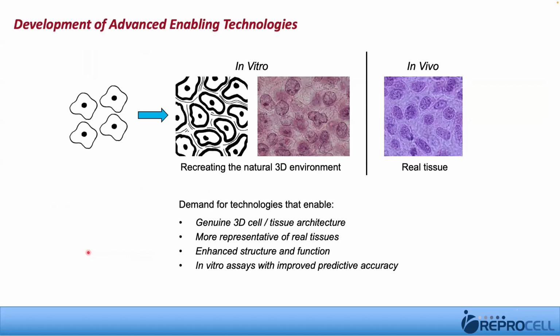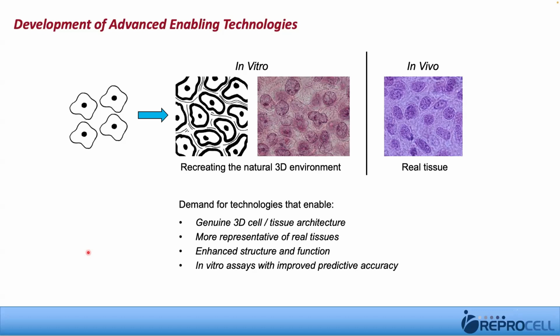So we're interested in developing technology that enables us to grow cells in a more natural environment. So we're trying to recreate that three-dimensional architecture to provide an opportunity for the cells to grow with each other in a three-dimensional syncytium with extracellular matrix and alternative cell types. So we're getting closer to what we find in a tissue. If we can do that, we can achieve more genuine 3D tissue architecture, which is more representative.